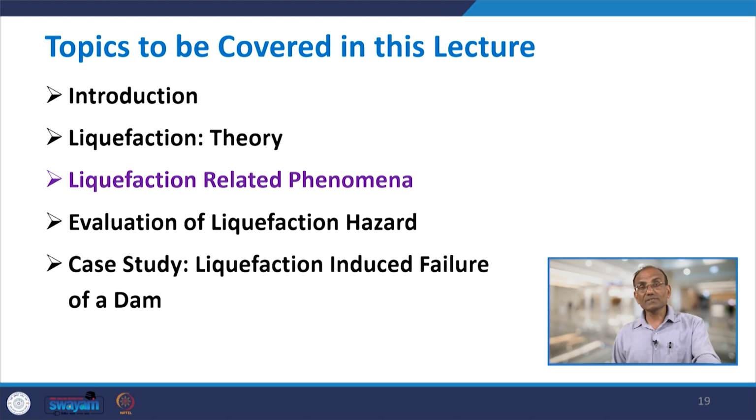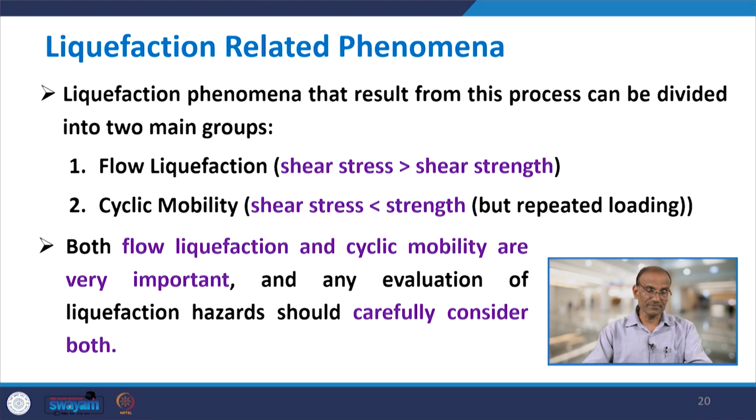Now, there are different phenomena which are related to liquefaction, and we are going to talk about these. These two phenomena are flow liquefaction and cyclic mobility. In the case of flow liquefaction, the shear stress is greater than the shear strength of the soil. Flow liquefaction will occur only when the shear stress inside the soil exceeds the shear strength.